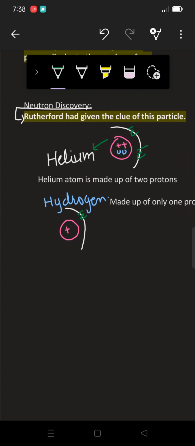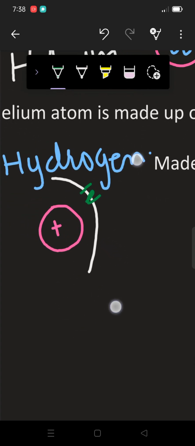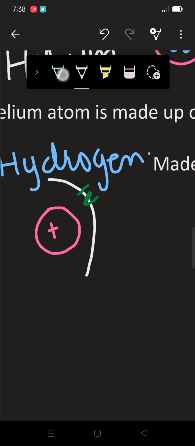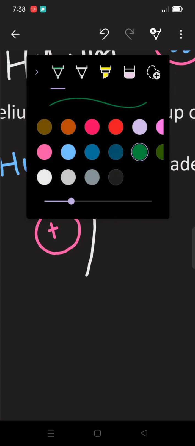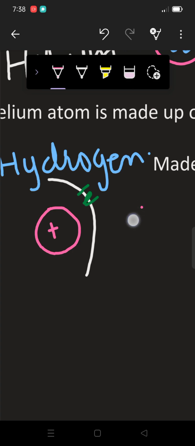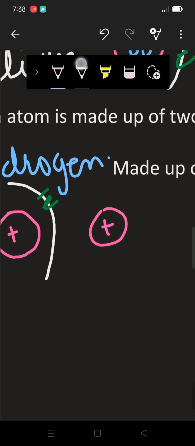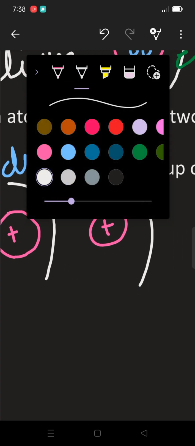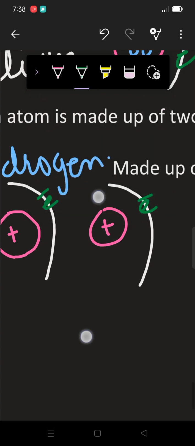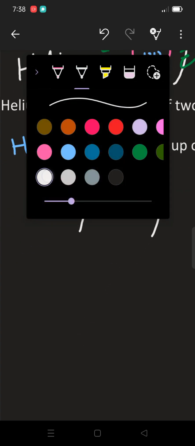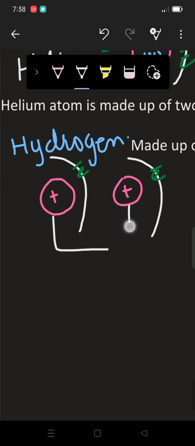Now he said if helium has two protons, then I should take two hydrogen atoms, right? If I take two hydrogen atoms, there would be two protons. Now see, one I have this proton and the other I have this proton.